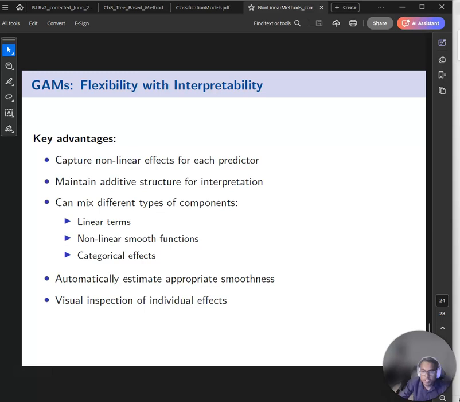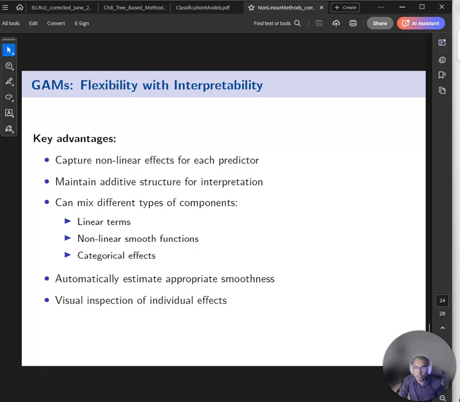The first advantage of GAM is that it can capture nonlinear effects for each predictor without requiring you to specify the exact form of the relationship. Despite its flexibility, GAM preserves the additive structure that allows for straightforward interpretation. You can visualize and understand the effect of each predictor independently, much like you interpret coefficients in a linear model.